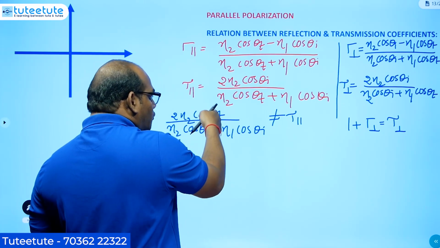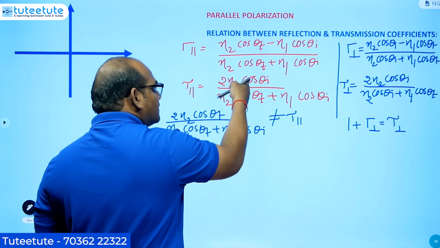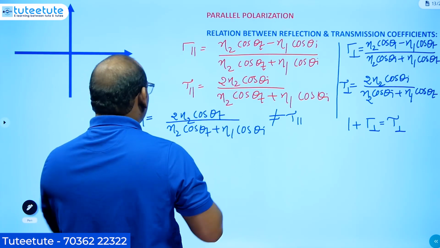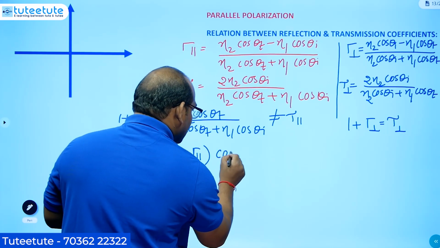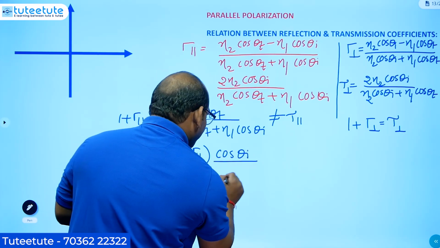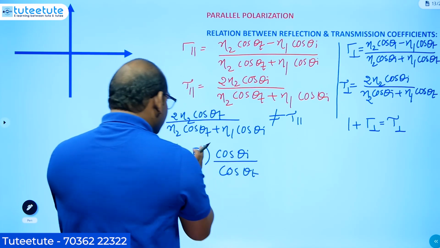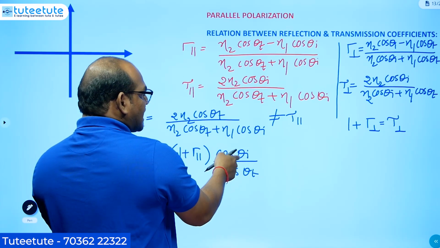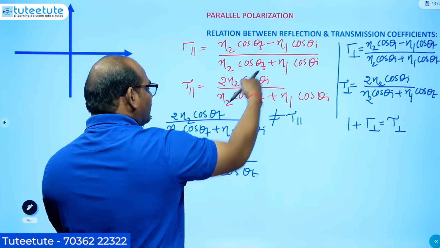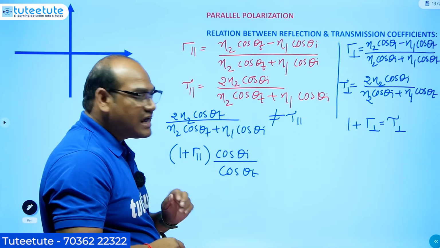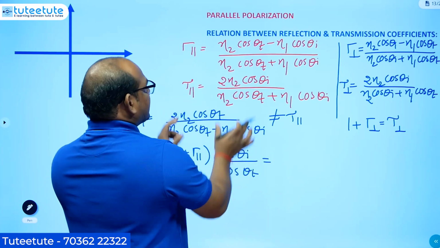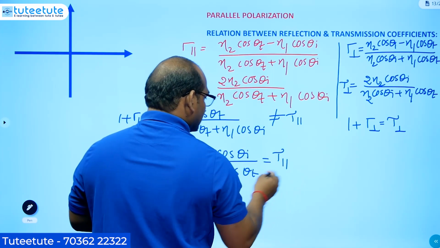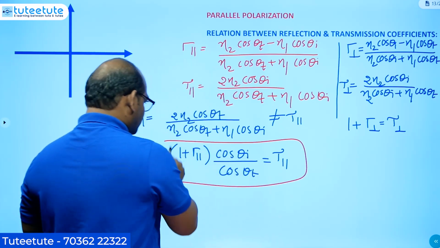This one is to be removed, and in place of this one we need cos theta I. That means 1 plus gamma parallel must be multiplied with cos theta I by cos theta T. So if you multiply it with cos theta I, this numerator will be fulfilled, but this cos theta T should be cancelled. That's why in the denominator I have taken. So now it is exactly equal to tau parallel. So this is the relation we can give.